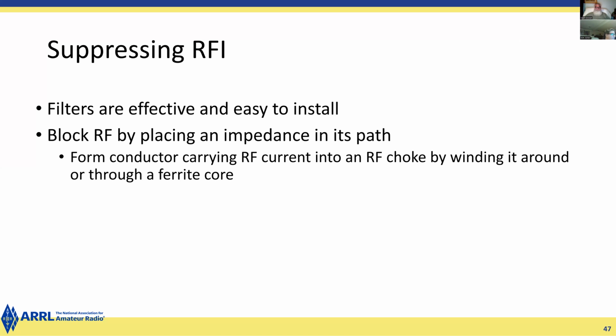So, for instance, if you have RFI, if you have RF in the shack, which is normally caused by grounding or by imbalance in your antenna, and your grounding and RF suppression isn't good enough, you can get signals on control cables.